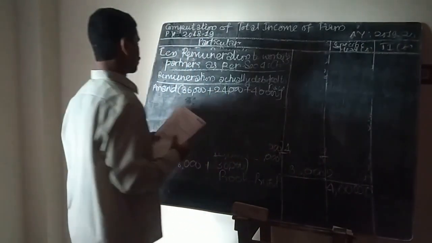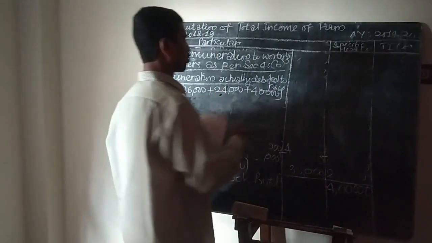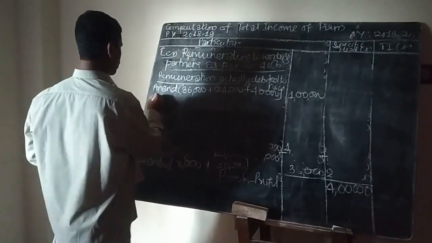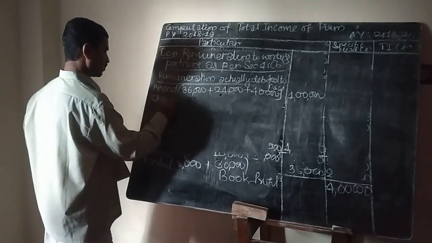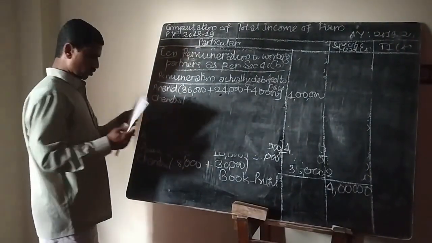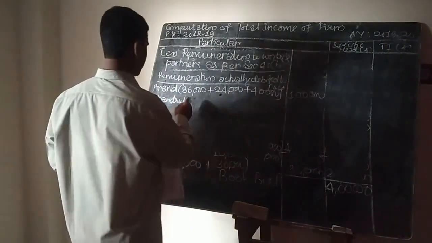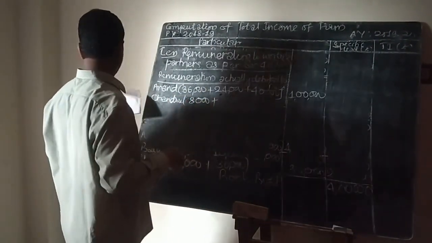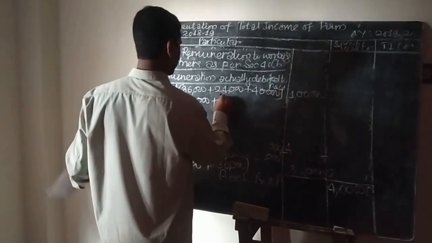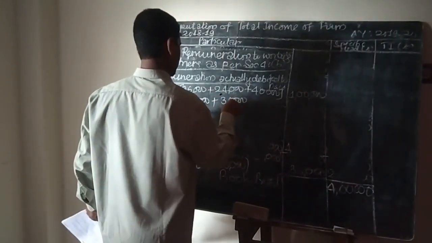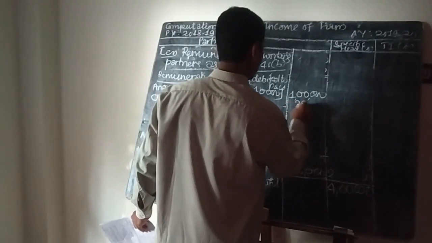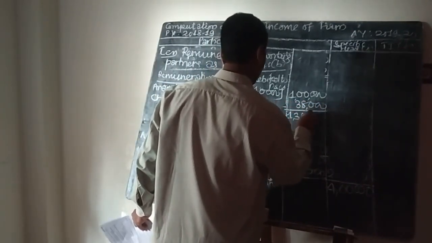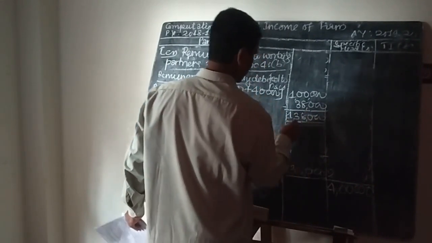When you take the total, it comes to 1 lakh. Then Chandru has been paid a bonus of rupees 8,000 and a commission of rupees 30,000, so a total of 38,000. So 1,38,000 is the actual.